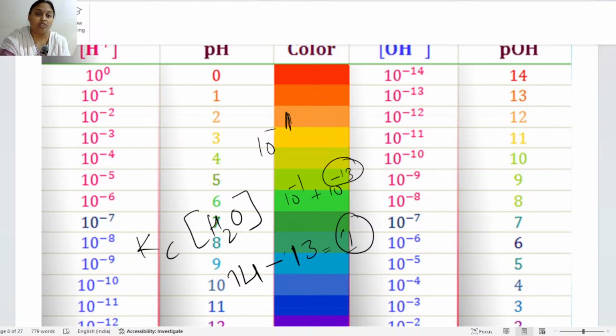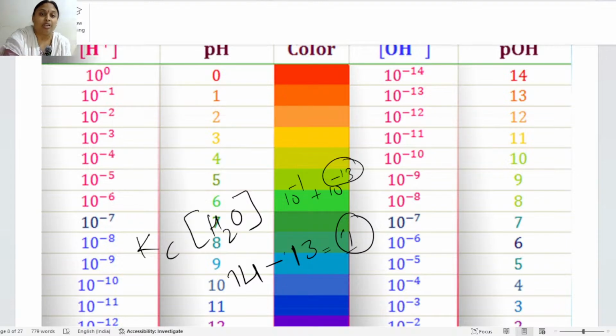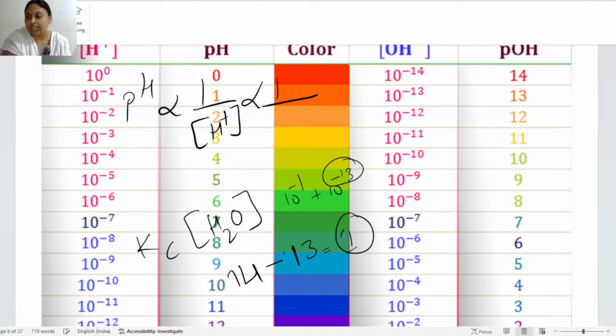So here what we are supposed to remember is pH is inversely proportional to the H plus ions concentration and inversely proportional to the acidity. Suppose if pH is given as 6, then its H plus ions concentration will be more.